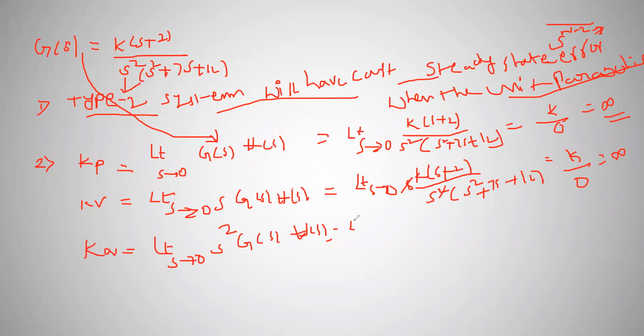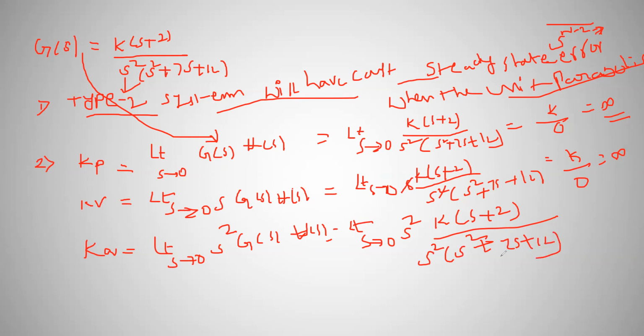And the third one, acceleration, limit S tends to 0, S square into K into S plus 2 by S square into S square plus 7S plus 12. S square cancels. So take S as 0.